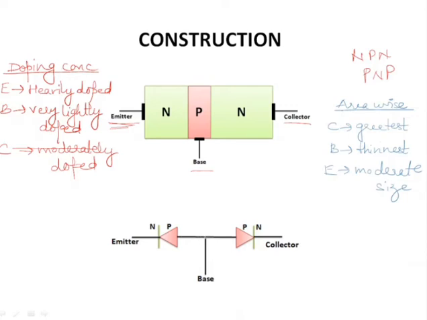Now you can see this diagram which shows two PN diodes connected back to back. What does this signify? If you look carefully in this diagram of BJT, there are two junctions, junction 1 and junction 2. One junction is between N and P and the other junction is between P and N, so it looks like two diodes connected, one NP and one PN, but does it work similarly?